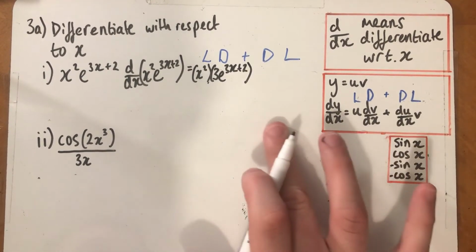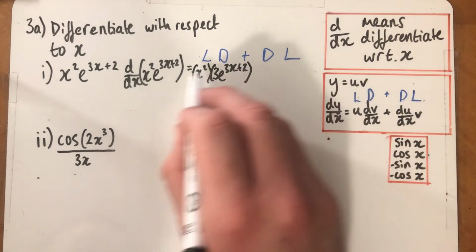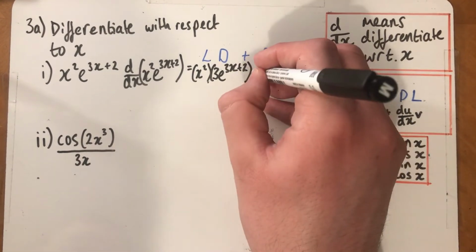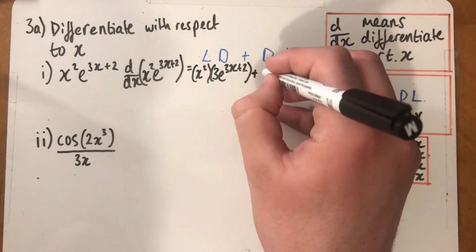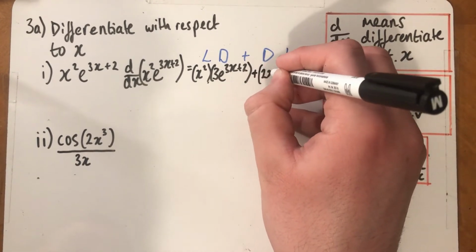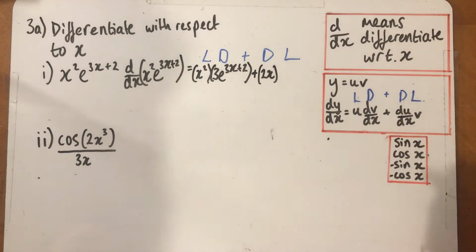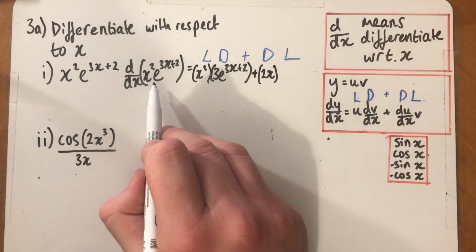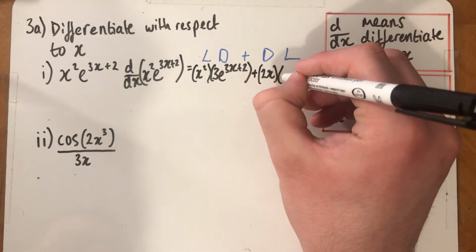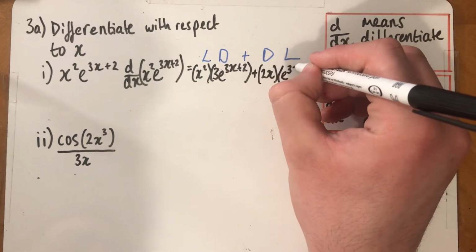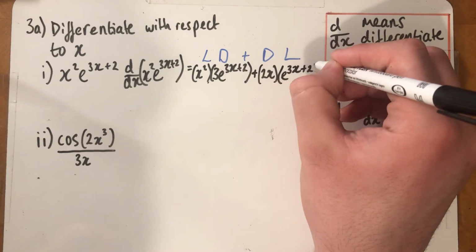Now for the next part, we differentiate the first term. So we differentiate x squared. x squared simply differentiates to 2x. Then we leave the second term. We leave it as it is, so it remains as 3e to the power of 3x plus 2.